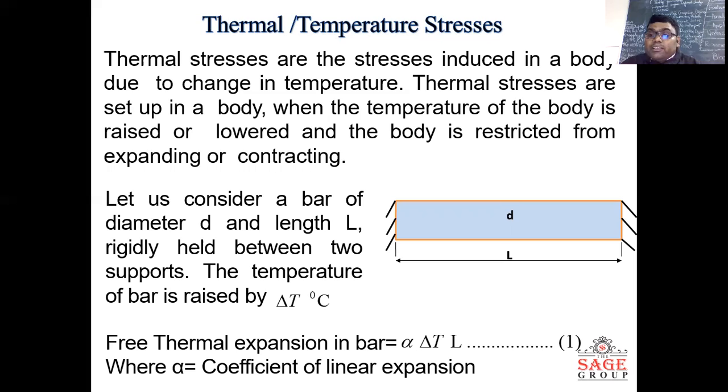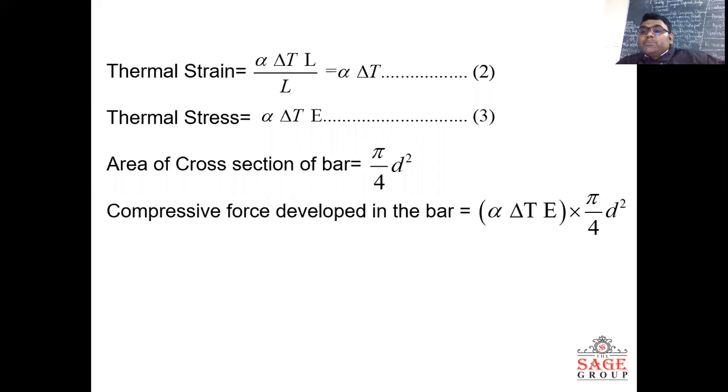If in an examination it is asked that a bar is fixed at one end and free at the other, with other parameters given, and asked what the thermal stress is, there will be no thermal stress. For getting the thermal stress, both ends have to be fixed, otherwise it is freely expanding.